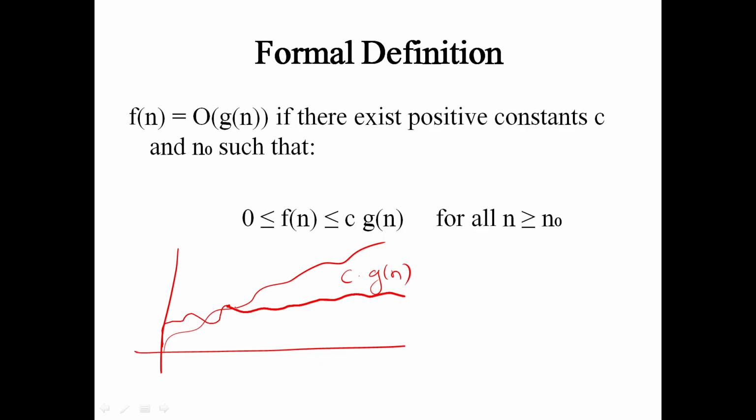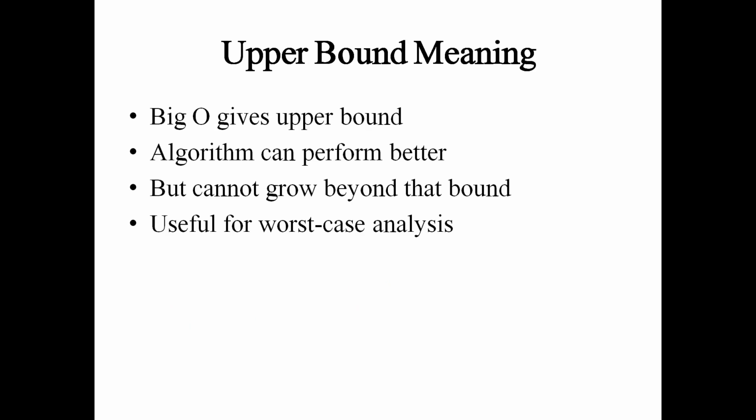The point where this condition becomes true is known as n naught. After this point, f of n is always less than or equal to c into g of n. So upper bound means maximum growth limit.